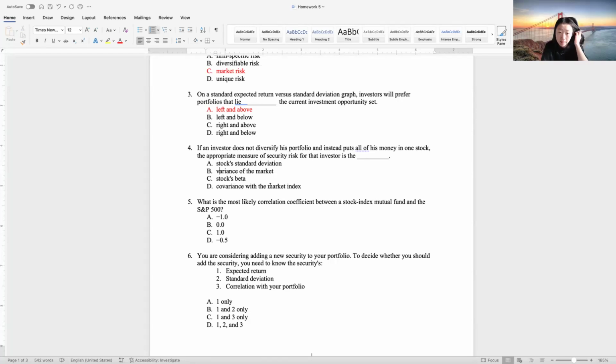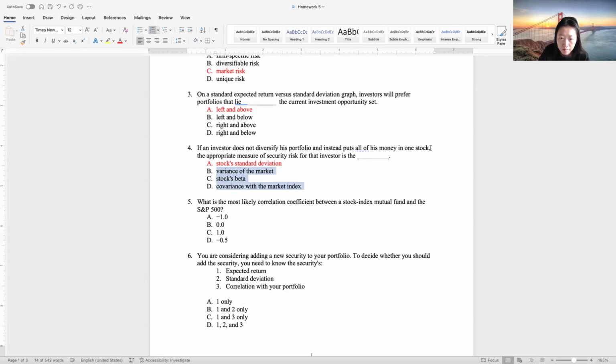Because the portfolio is concentrated in one single stock, the one stock's risk will be this investor's total risk. The total risk of one single stock is measured by the stock's standard deviation. All other three are measures related to the market.